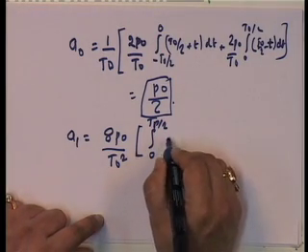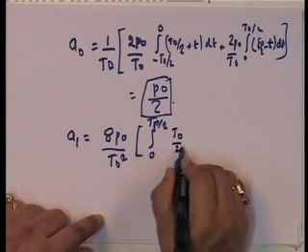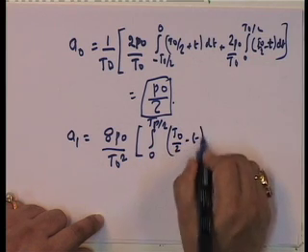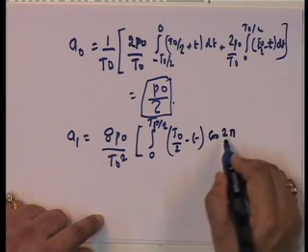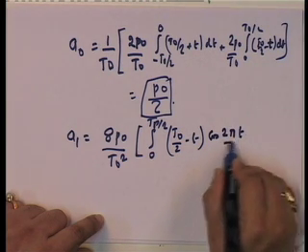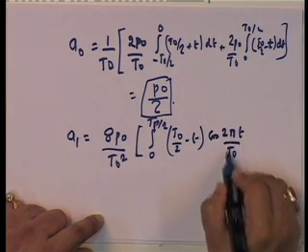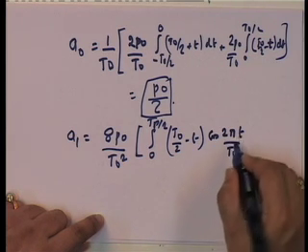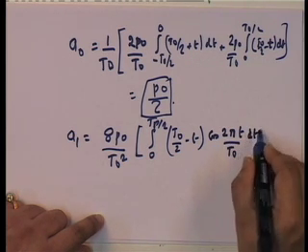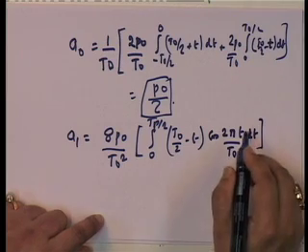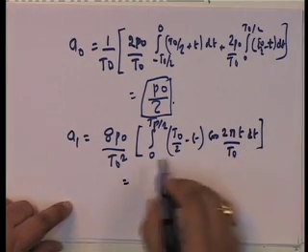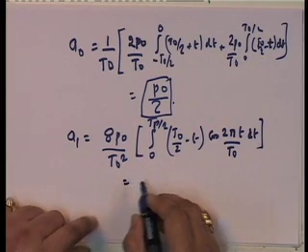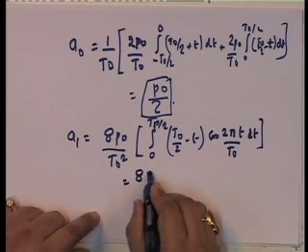Okay. So, I get T naught upon 2 minus T into cosine 2 pi T upon T naught, because that is omega naught, 2 pi upon T naught is omega naught into dt. And if I go through this process and go through it by parts, I am sure you people know how to integrate.